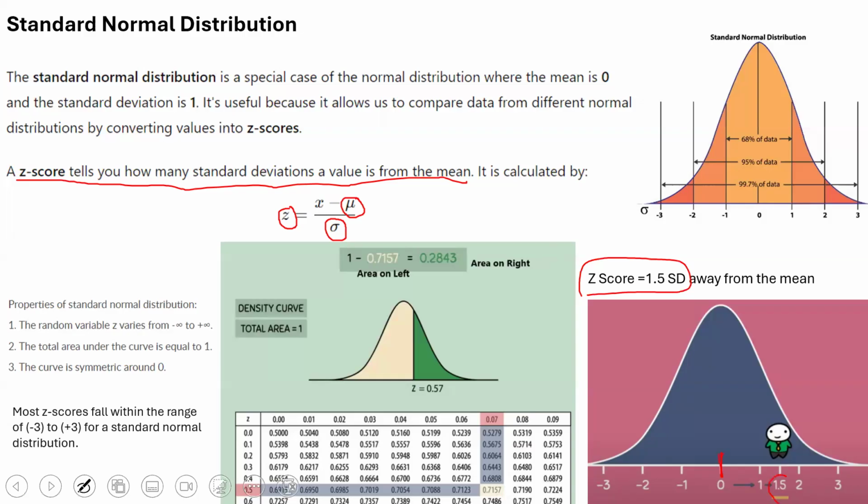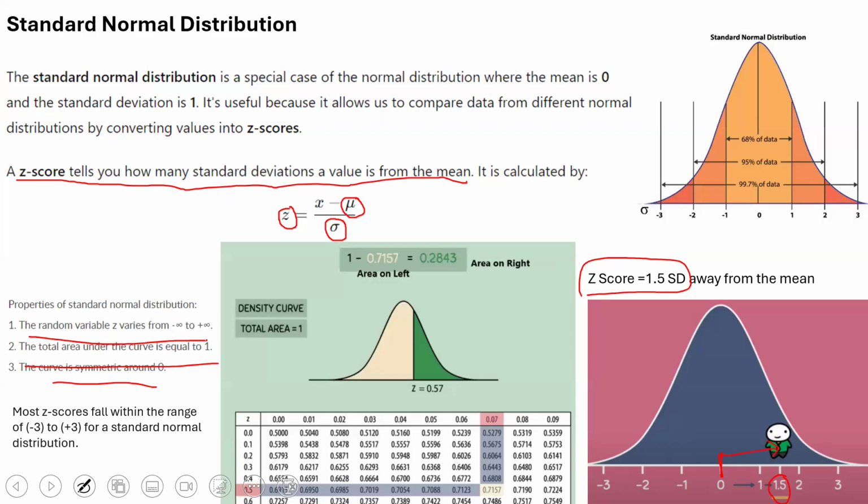When we have 1.5, the data point is 1.5 standard deviations away from the mean. That is what Z score actually means. As I told you, most Z scores will fall within the range of -3 to +3 because 99.7% of the data points fall within that range. The curve is symmetric around 0 for the standard normal distribution. These are properties: the total area under the curve is 1, and the random variable Z varies from -infinity to +infinity.